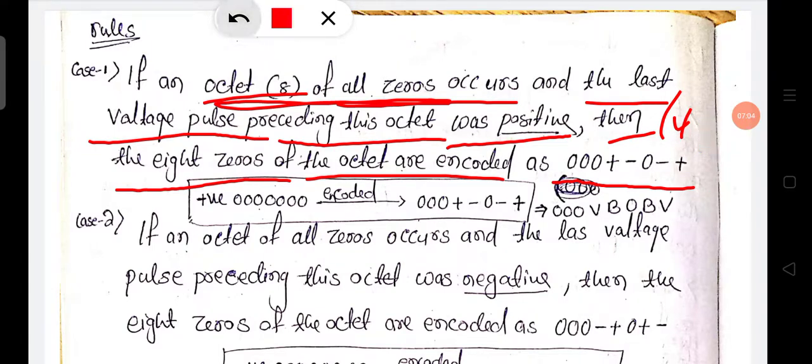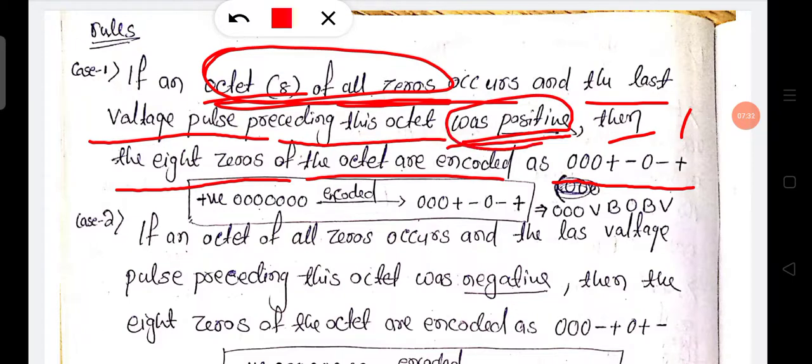That means when 8 zeros occur consecutively, and the last pulse before those 8 zeros is positive, that means after a positive pulse there are 8 zeros, then the 8 zeros are replaced by this sequence.